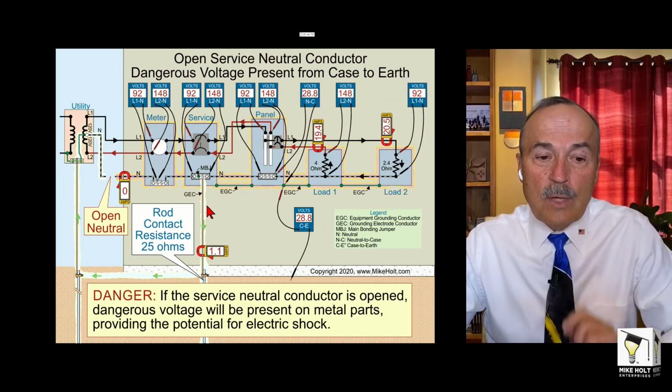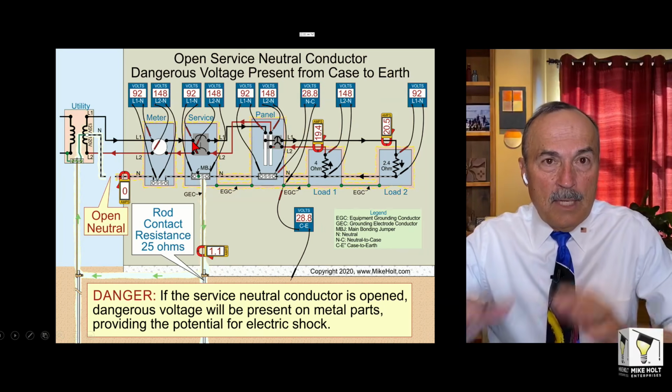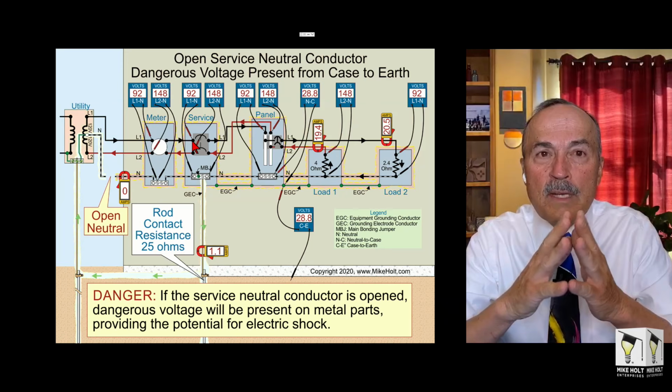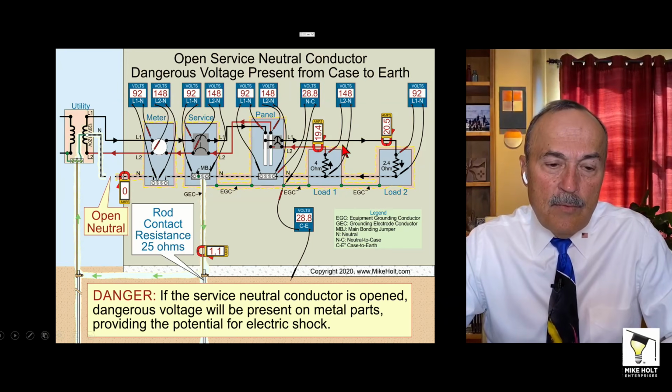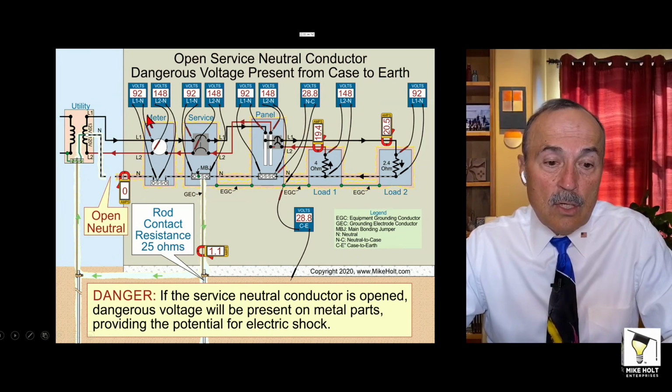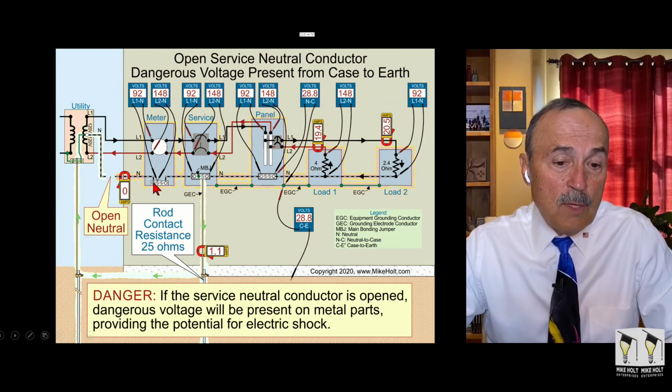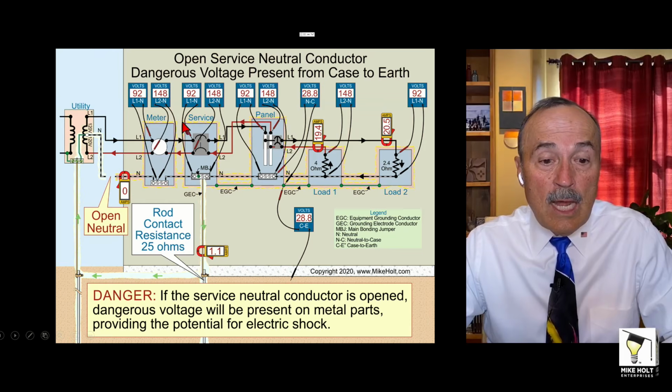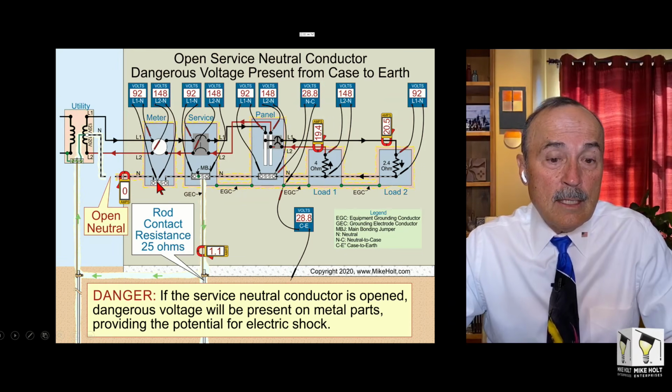Okay. Watch what else. Because of this spreadsheet, it told me this. It said, because of this 2.4 ohms, the 4 ohm resistor, losing the neutral, having a 25 ohm ground rod, the spreadsheet did the calculation. It'll say, your line 1 voltage to neutral is going to be 92. Line 2 is going to be 148.